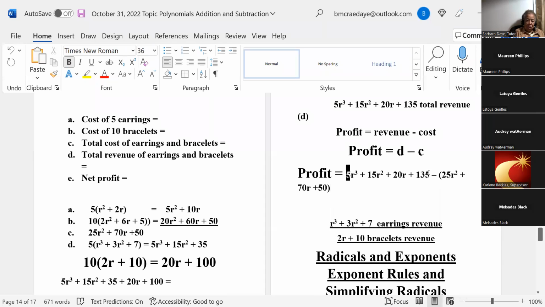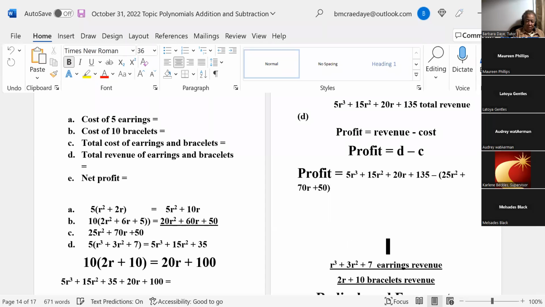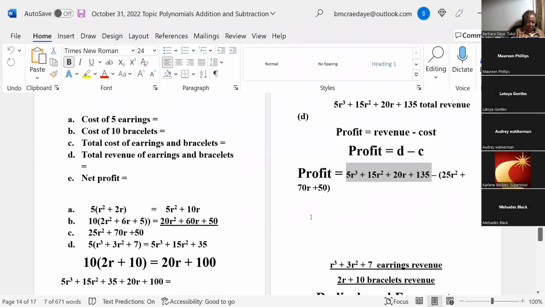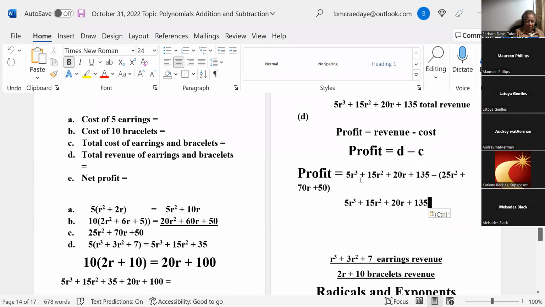What I want you to do is subtract. So you'll put the 70 under the 20. Let me put it underneath each other so it makes it easier. So let's put the 135. So you can put the 25R there. Okay, now let's put our cost. This is minus.